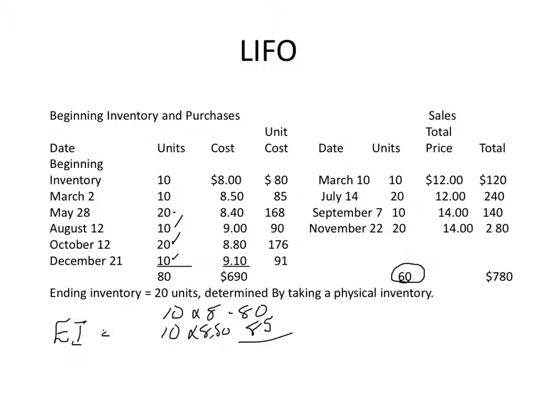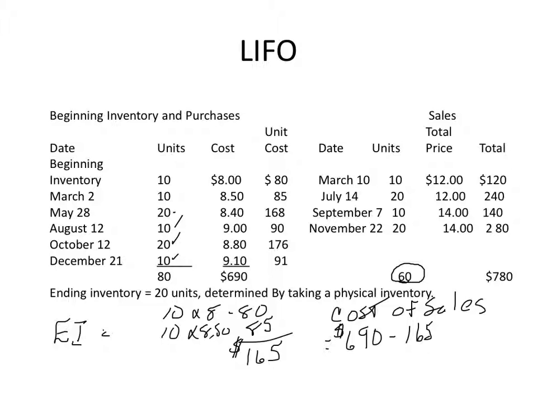So here we say that the ending inventory is 165, not 179 like we said under Fifo. Therefore, cost of sales or cost of goods sold is equal to the 690 goods available for sale minus the 165 ending inventory. So we say then our cost of goods sold is 525.